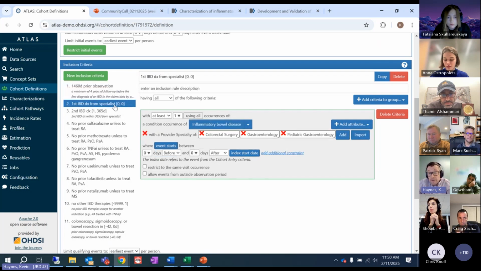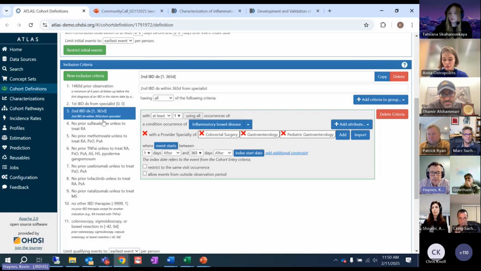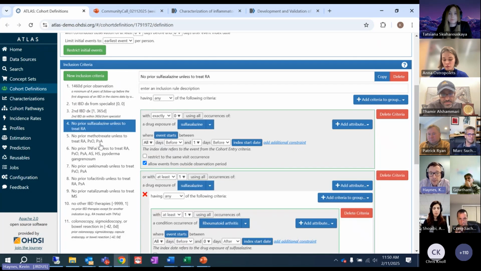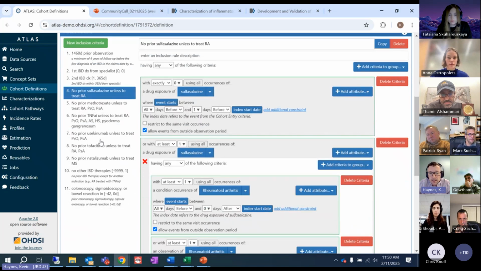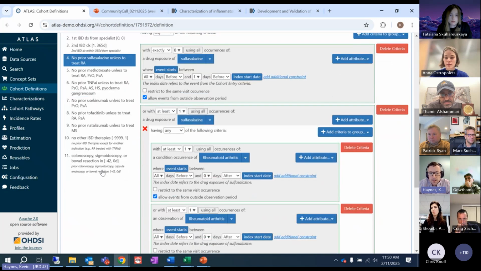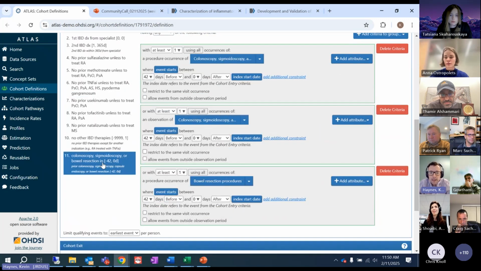Obviously, databases that don't have specialist information are not going to be able to comply with these types of definitions. So you still need to know your underlying data sources that are contributing to these. But you can see that throughout, you can build these complex logic-based systems to really get at a complex clinical definition. I don't think I was going to go through all of these, but you can see how Atlas can be utilized to identify these.